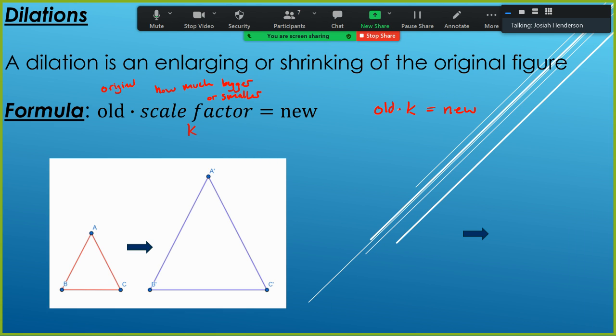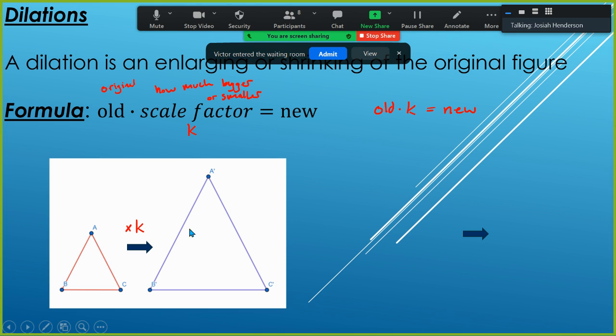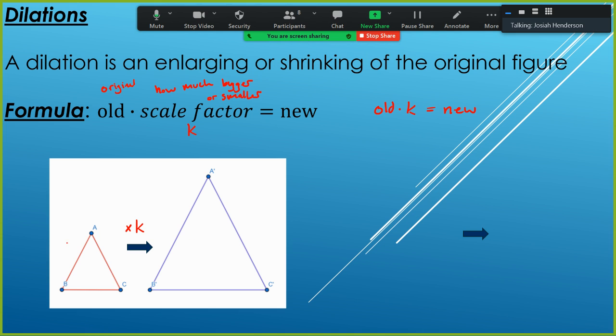So let's look at these two examples. We'll do the one on the left first. If we're starting with the little red triangle, we multiply it by K and it becomes bigger. This means we multiplied it by a number that's bigger than 1. So for example, maybe our original red triangle has side lengths of 4, 4, and 3. And good morning, Victor.